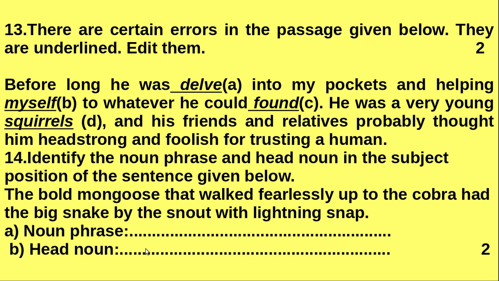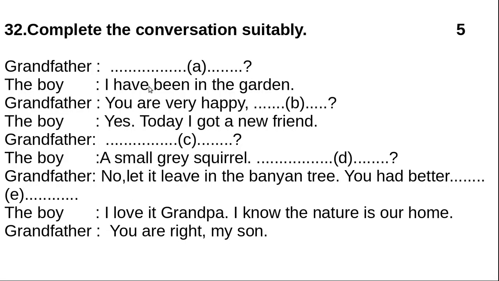Okay, dears. Such questions may come, for example the grandfather, that is, complete the conversation suitably. See, the grandfather is asking something. I have been in the garden is the answer. We will discuss framing questions later, but it is simple, you can do that. In the garden is the main part of that second sentence. So the question will be, where have you been? You are very happy, there is a comma and a question mark, and the answer is yes.